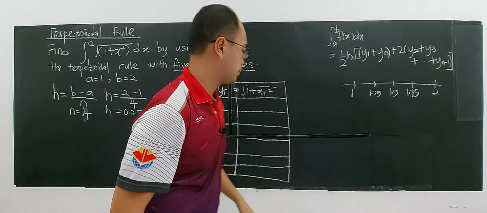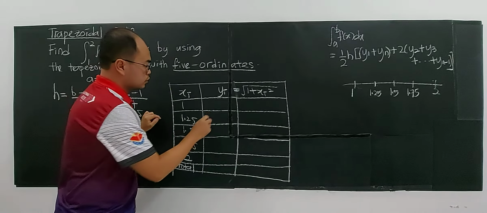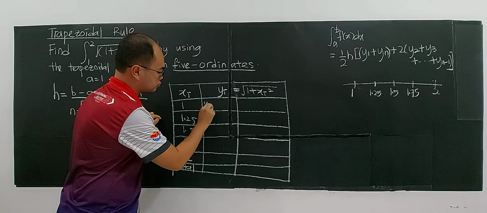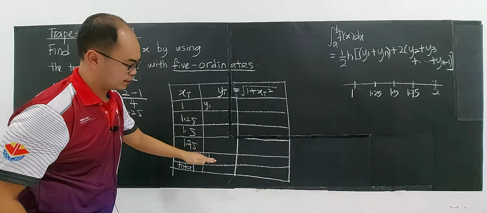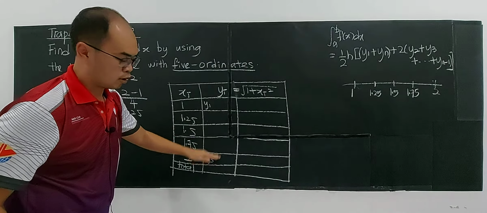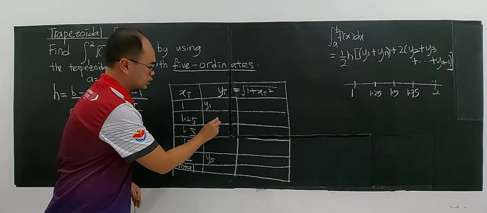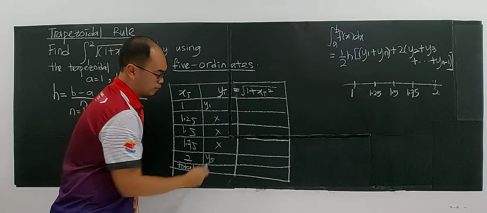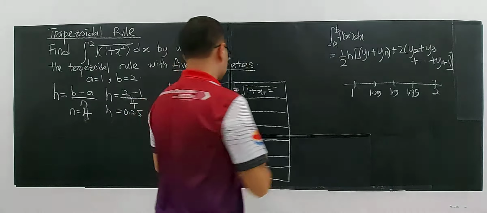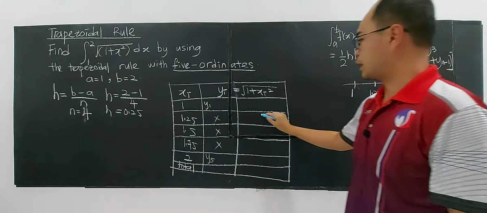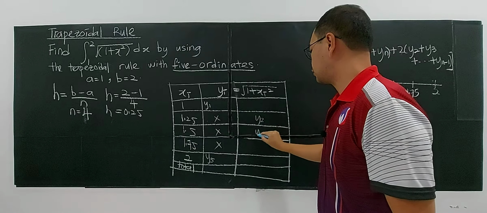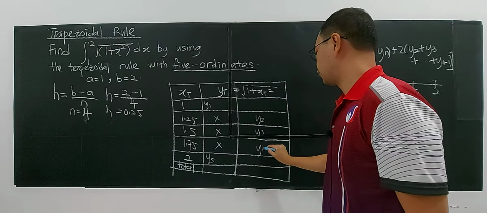So very simple, I will write y1 and y5 in this column, with all this empty. And the ones that we multiply with 2 are y2, y3, and y4, right?